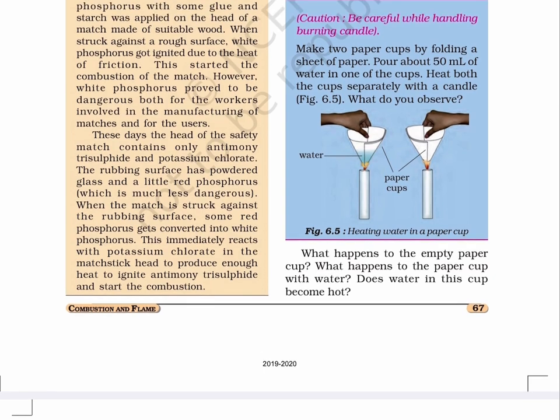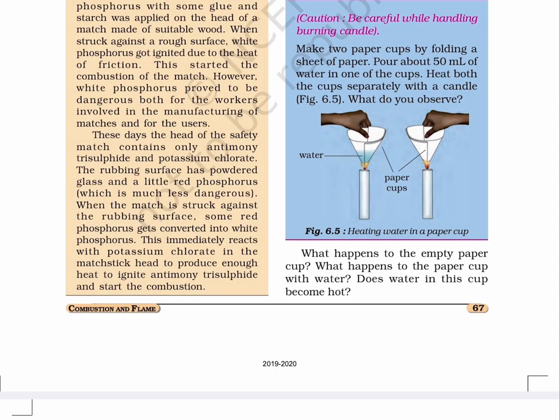However, white phosphorus proved to be dangerous both for the workers involved in the manufacturing of matches and for the users. These days, the head of the safety match contains only antimony trisulfide and potassium chlorate. The rubbing surface has powdered glass and a little red phosphorus, which is much less dangerous.